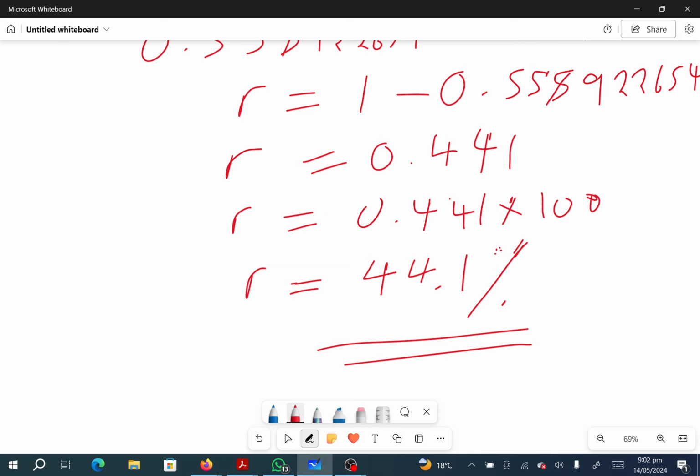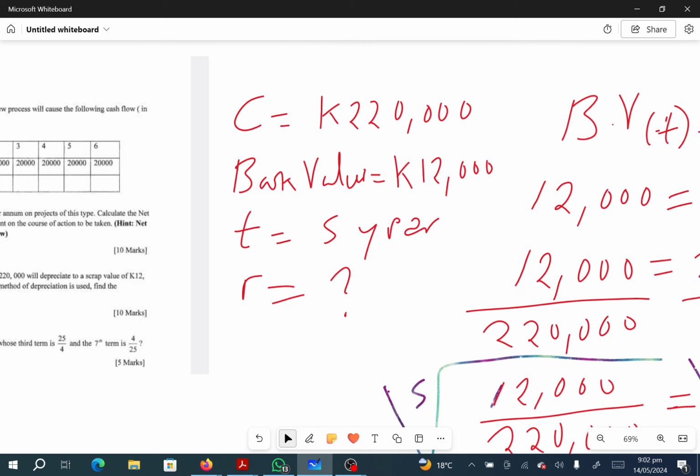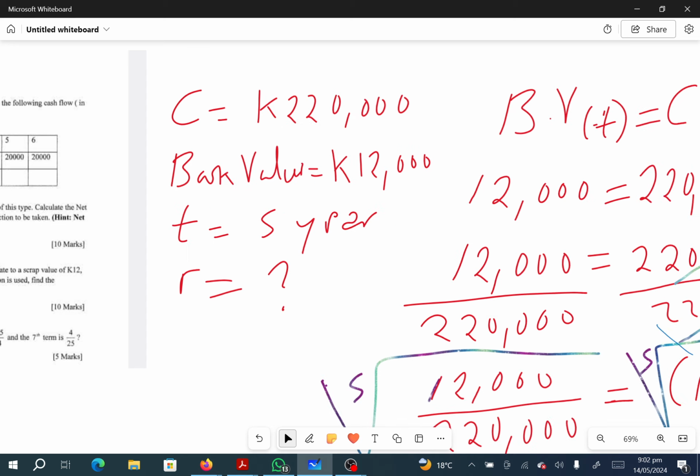When you look at the asset itself, you see the initial cost was 220,000. Then the book value came to 12,000 in a space of just 5 years. So meaning the rate was very high.